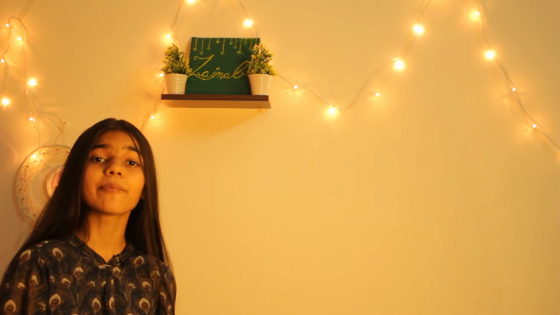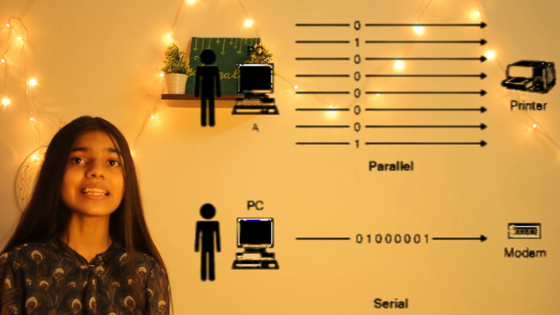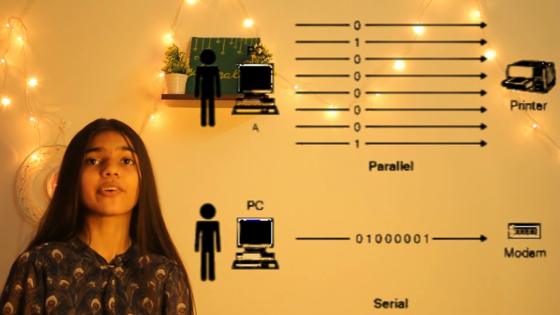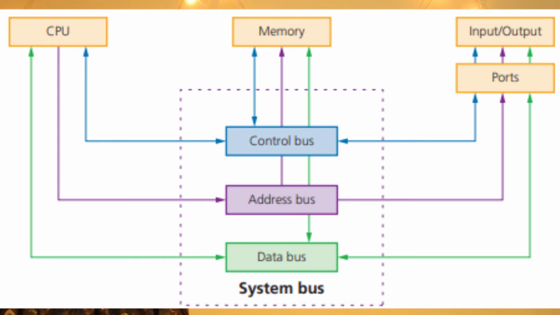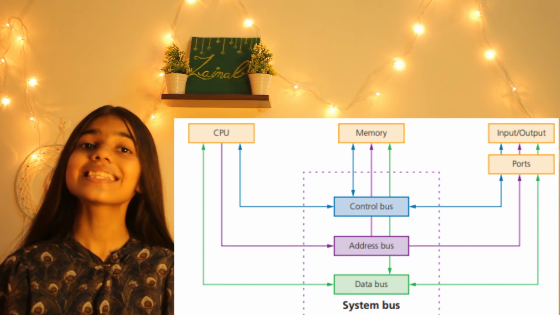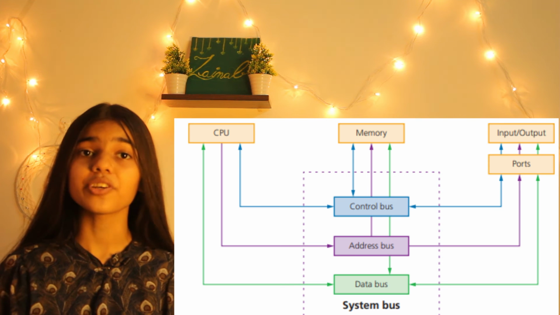System buses, or simply buses, are used in computers as parallel transmission components. Each wire in the bus transmits one bit of data. There are three common buses used in the von Neumann architecture, known as address bus, data bus, and control bus. Address bus. As the name suggests, the address bus carries addresses throughout the computer system.